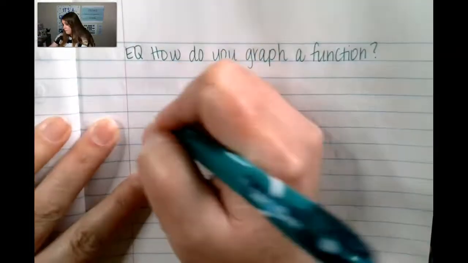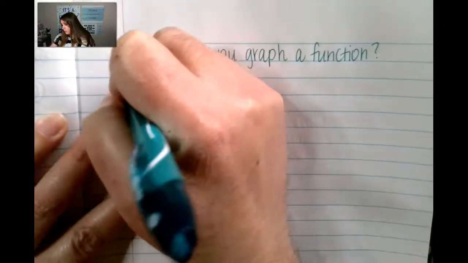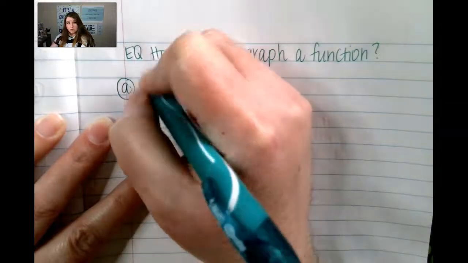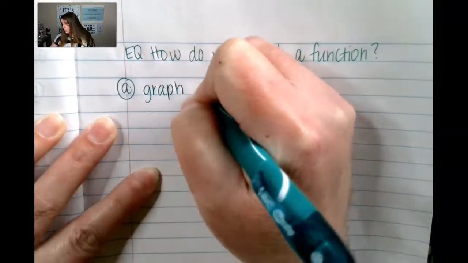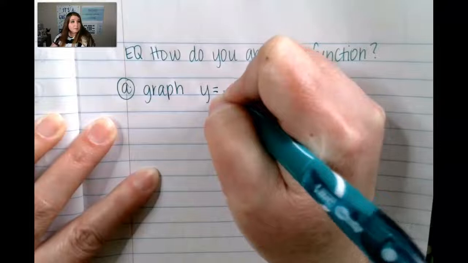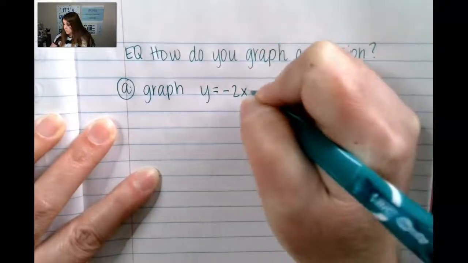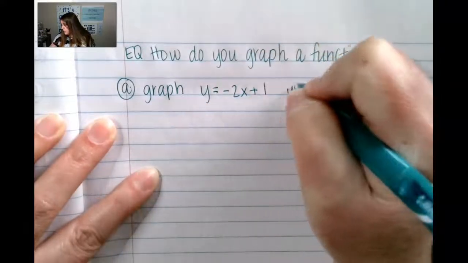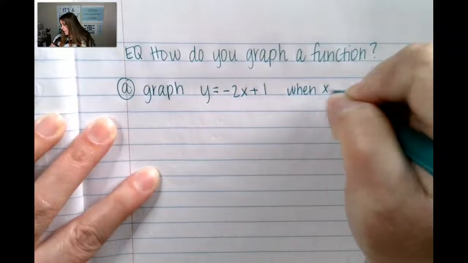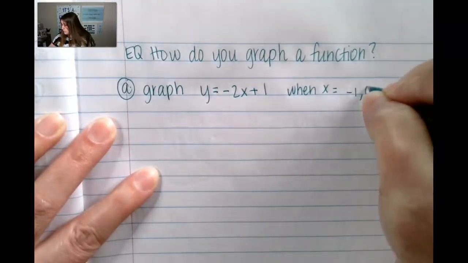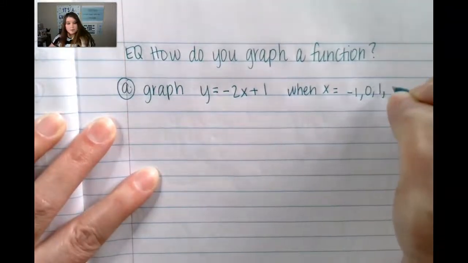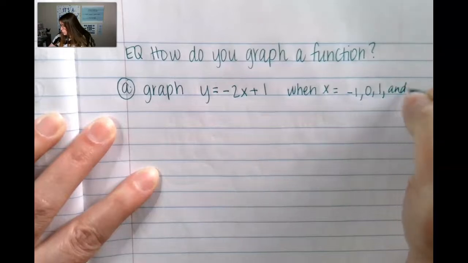So we're going to have a problem that will ask us to graph the equation y equals negative 2x plus 1 when x equals negative 1, 0, 1, and 2.